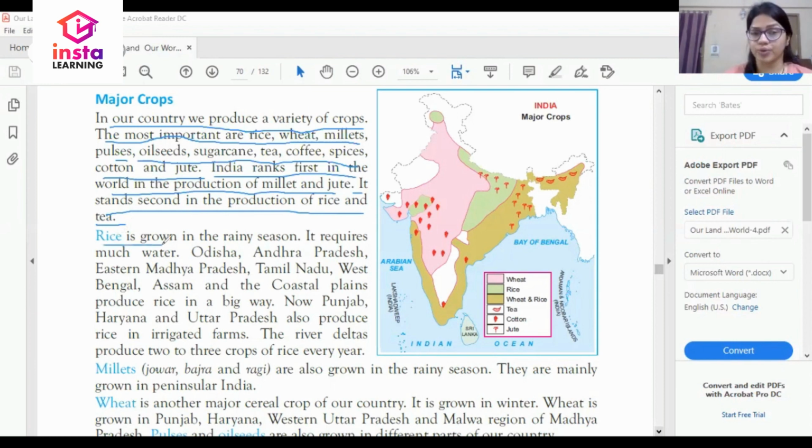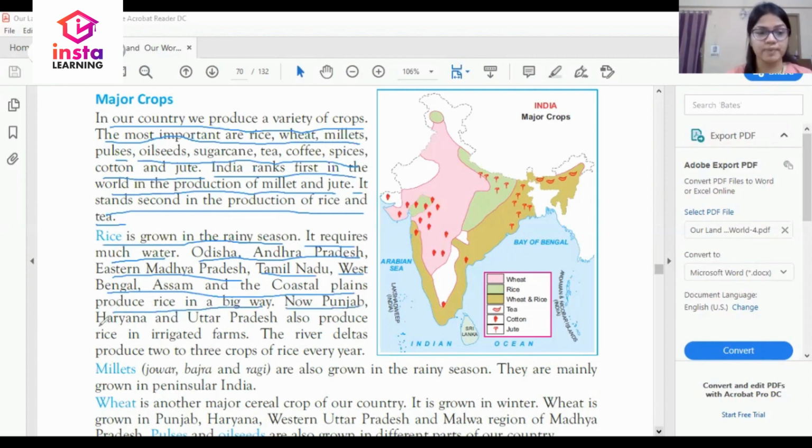Rice is grown in the rainy season. कब पैदा होते हैं राइस? रेनी सीजन में. It requires much water. इसे पानी की बहुत ज्यादा जरूरत होती है. उड़ीसा, आंध्र प्रदेश, Eastern Madhya Pradesh, Tamil Nadu, West Bengal, Assam and the coastal plains produce rice in a big way.